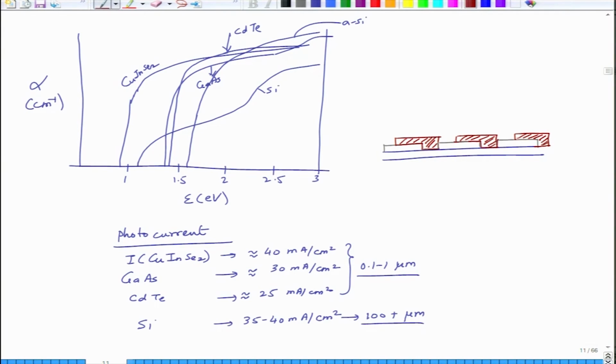And then of course you can have a contact on this side also. And then on top you put a back contact, a front contact. So, a front contact could be something like this.